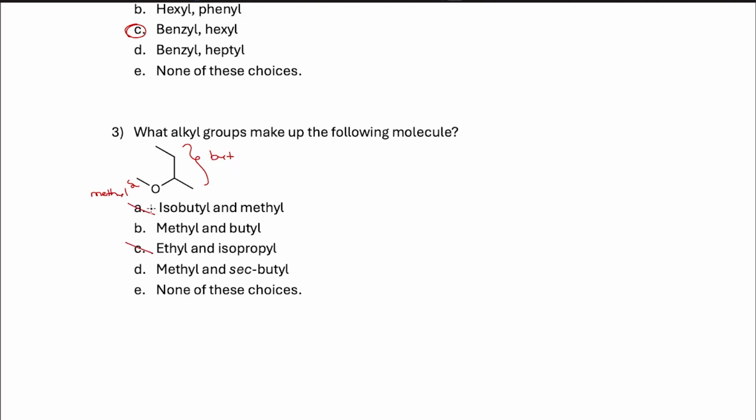I can probably eliminate A and C, and the difference is between butyl and sec-butyl. We didn't really discuss common names, so if you're not sure of the difference, butyl would be if I connected this butyl just by the end. But since we're connecting it by the secondary carbon, and if you're not sure what a secondary carbon is yet, don't worry, this is methyl and sec-butyl.